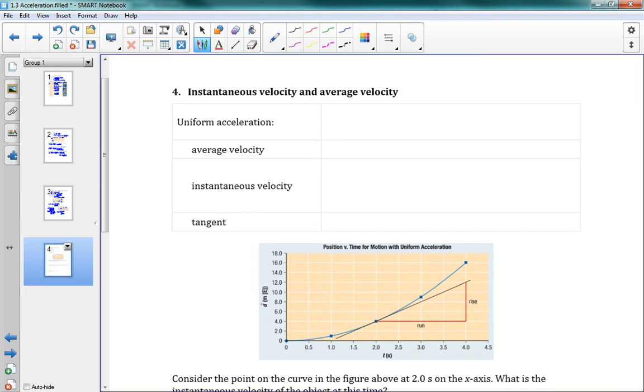So first we want to talk about what is uniform acceleration. This is motion where the velocity changes at a constant rate. And so the velocity time graph would be a straight line.